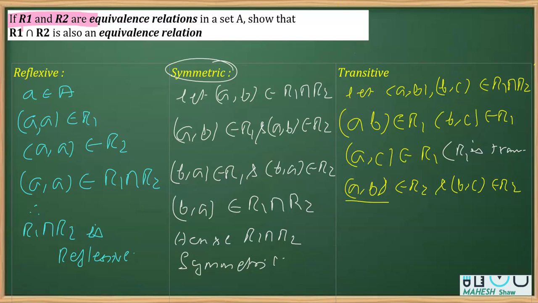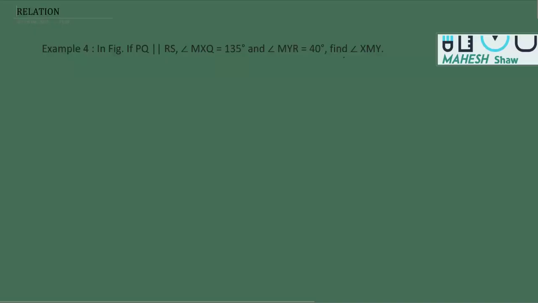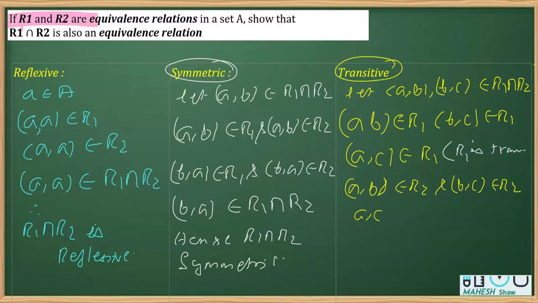Now check here, if (a, b) belongs to R2 and (b, c) belongs to R2, and we know that R2 is transitive, therefore from here we can say that (a, c) belongs to R2, as R2 is transitive. Why? Because we are given that R1 and R2 are equivalence relations.